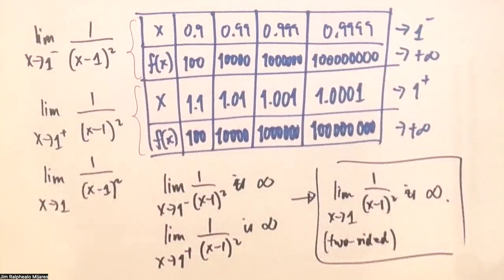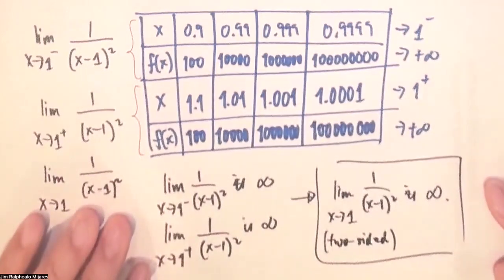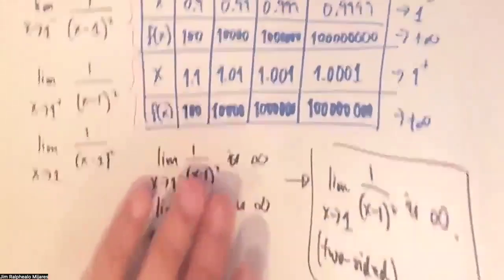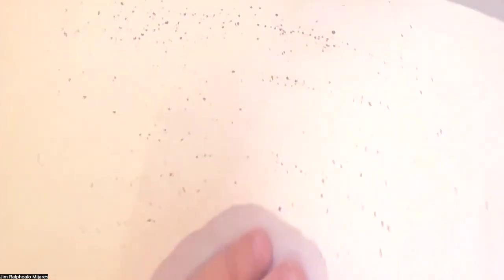Now, is there a way for us to solve this problem without a table of values? The answer is yes, of course. Let's do that. We look at the function 1 over x minus 1 squared.